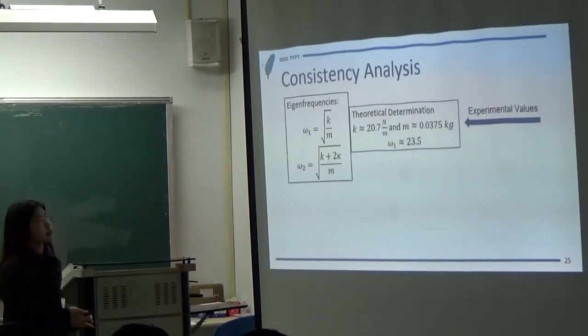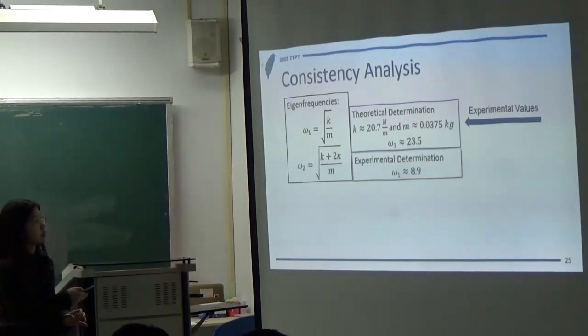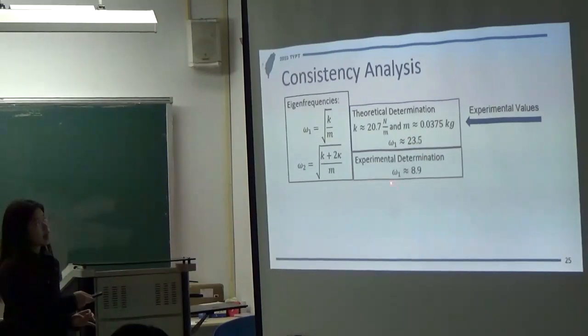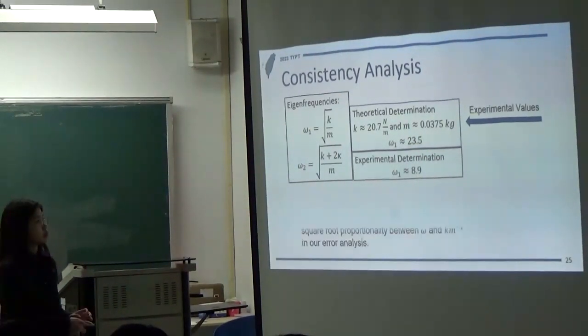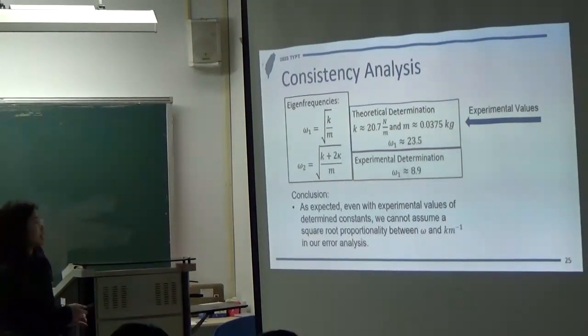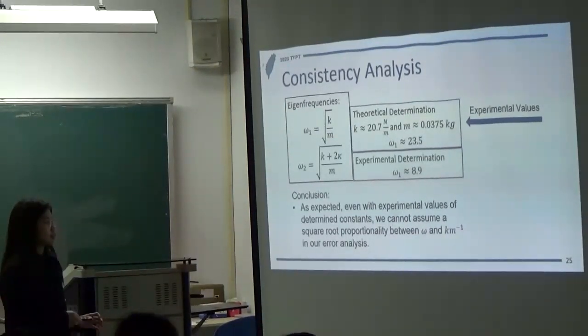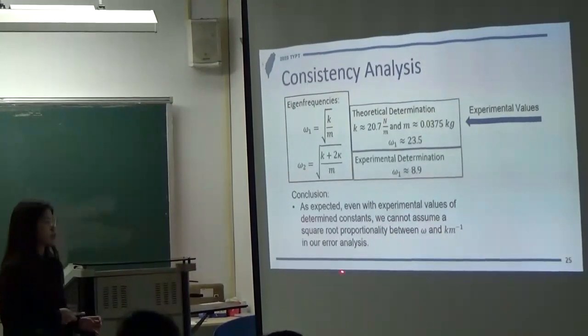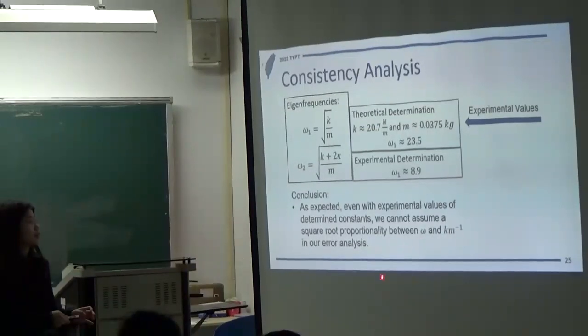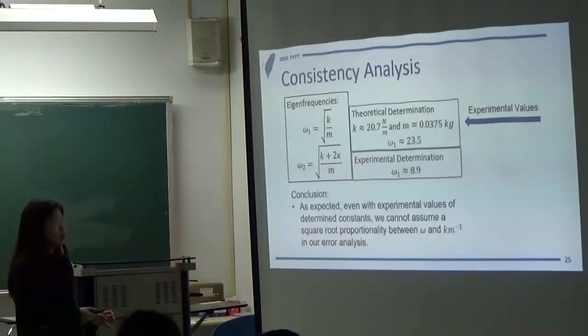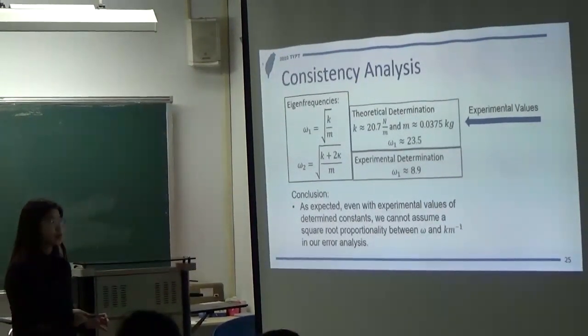For consistency analysis, we used eigenfrequencies to get that the frequency equals 23.5, contrasting with the experimental determination. And so, as expected, even with experimental values of determined constants, we can't assume a square root proportionality between omega and k as in our earlier analysis.